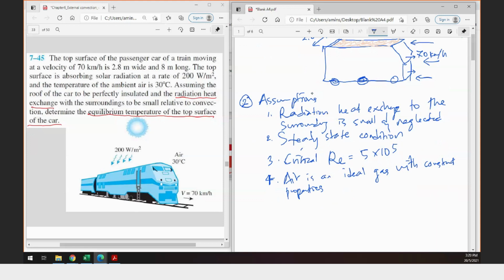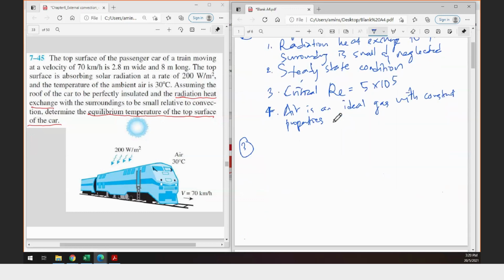Okay, next one, number 3. After you state your assumption, what next? Find the properties.